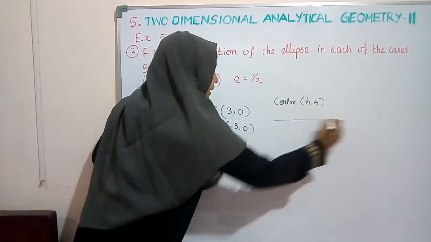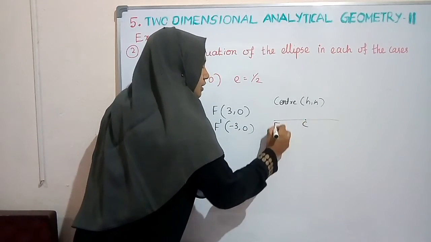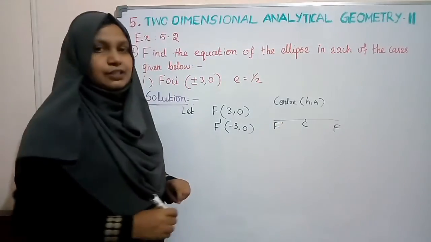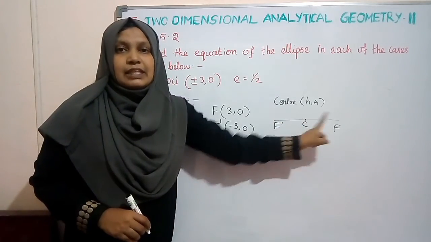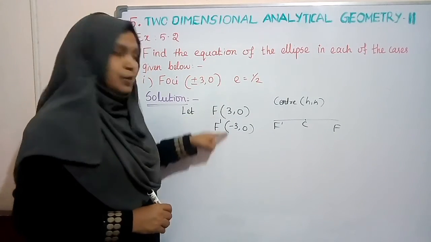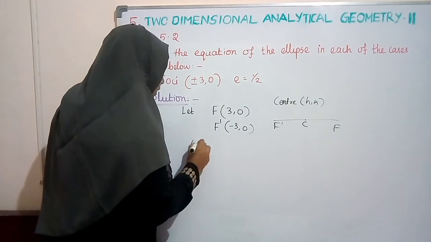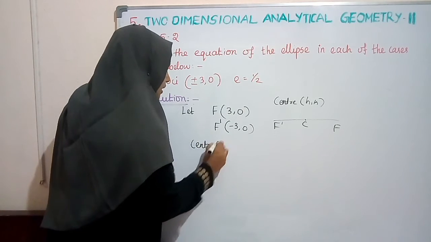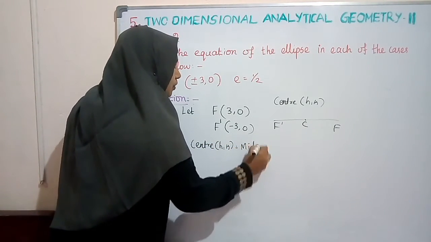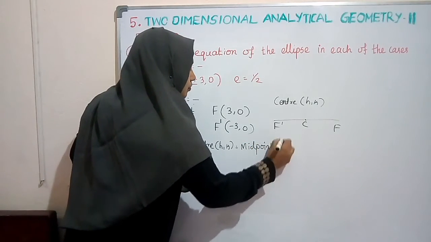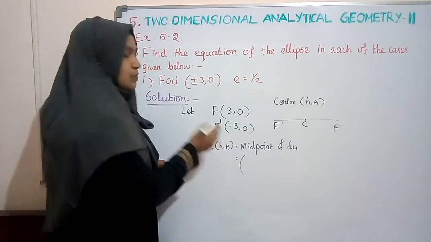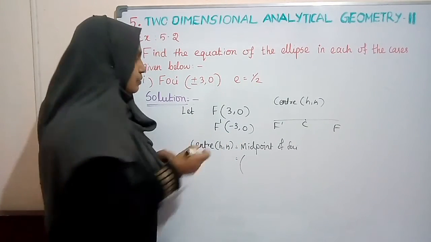And I told you first we have to find the center h comma k. The center h comma k is nothing but the midpoint of the foci. So just find the midpoint, and you will get the center. So h comma k is equal to the midpoint of the foci: x1 plus x2 by 2 and y1 plus y2 by 2.